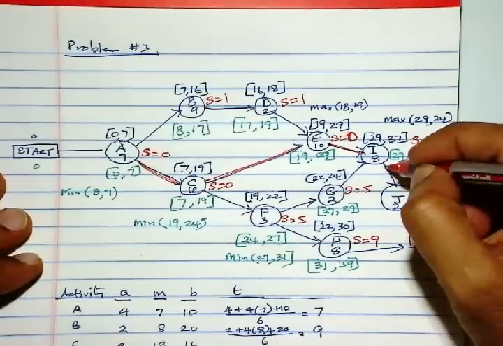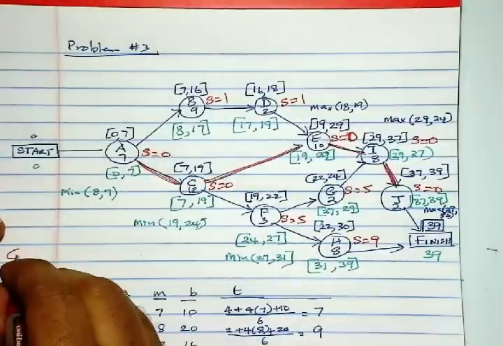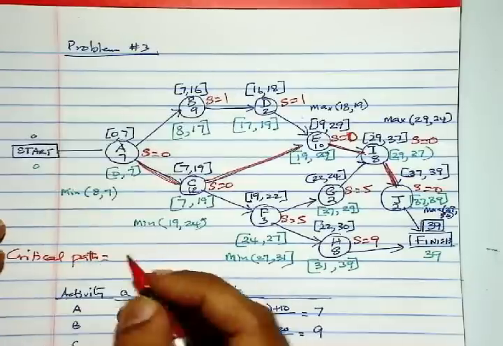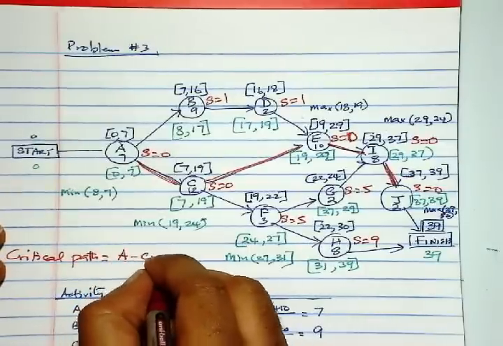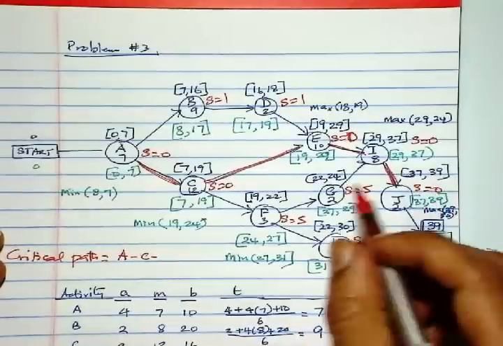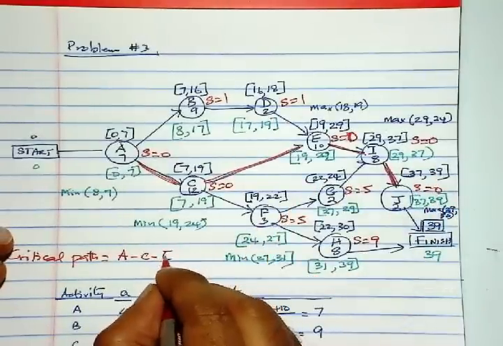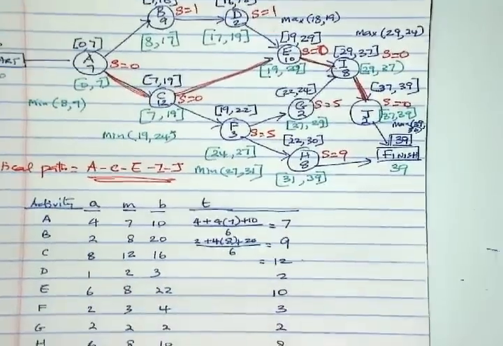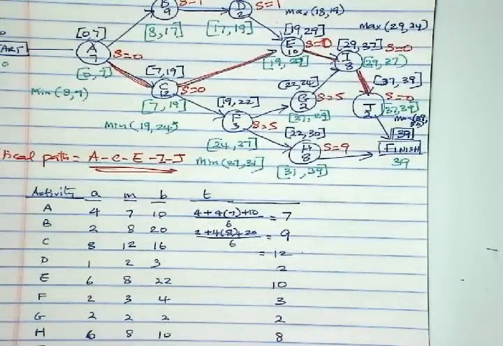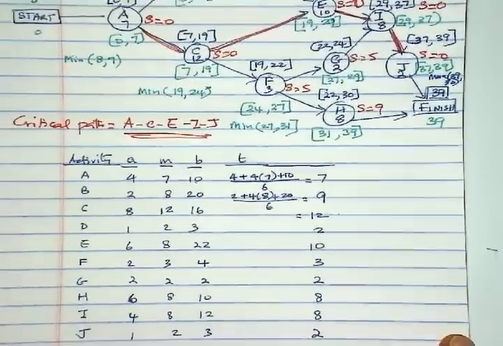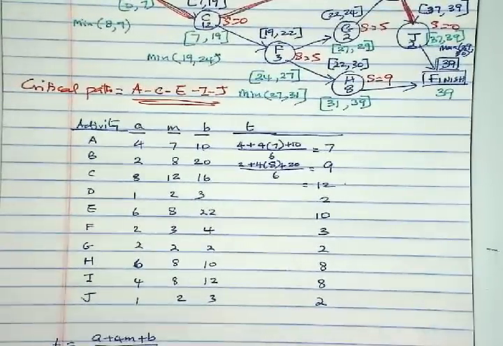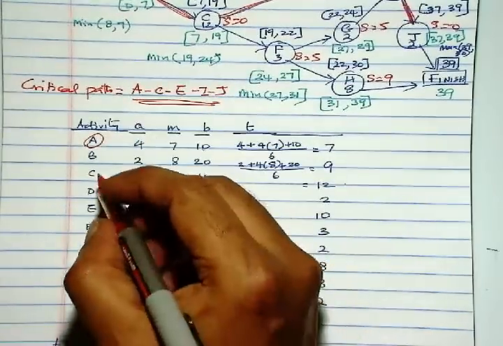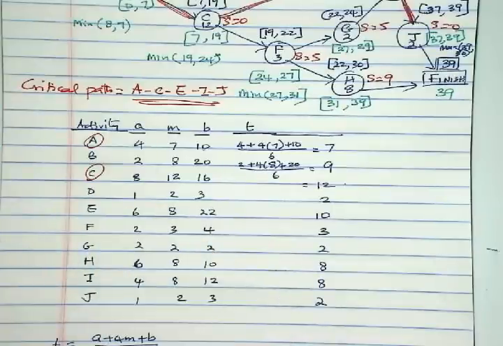Okay. So now all we have to do to compute the probabilities is to compute variances only for the critical activities, which will be A, C, E, I and J. So if you compute the variances here, the variance formula is B minus A squared over 36, which is the same as saying B minus A over 6, the whole thing squared.